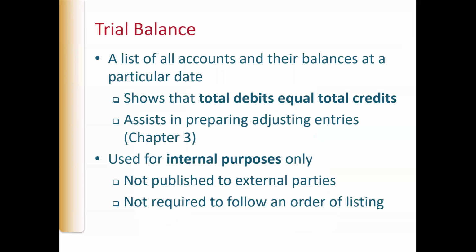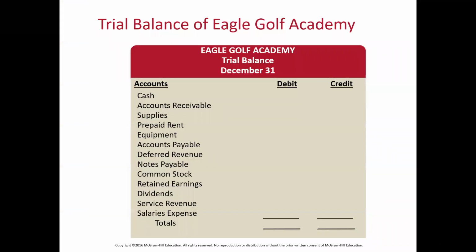Now all we're going to do is put them in a sheet called a trial balance, the list of all accounts and their balances at a particular date. So all the accounts with debits will equal all the credits.